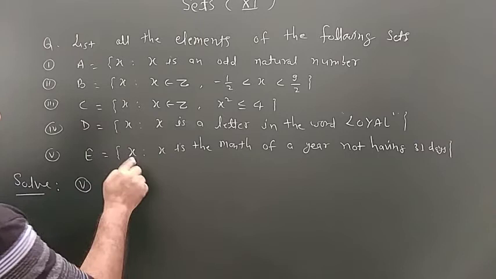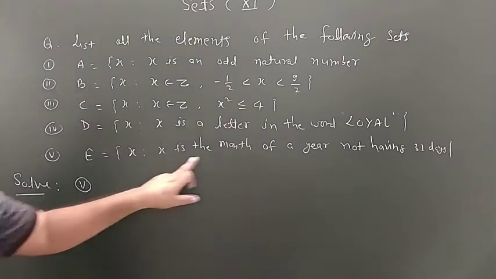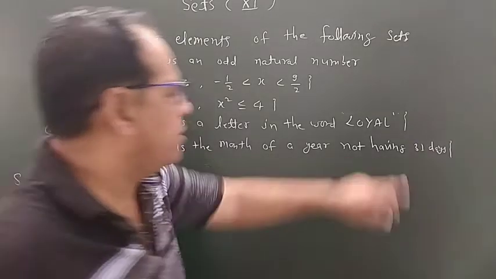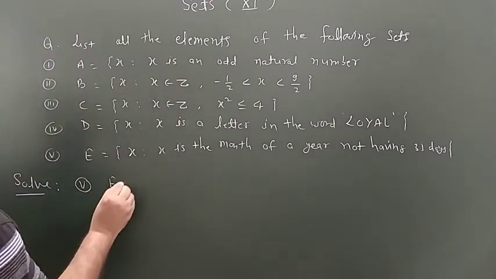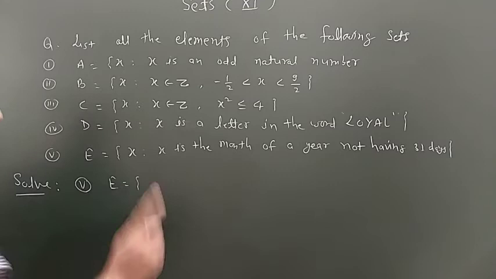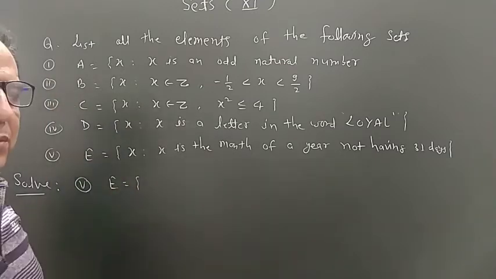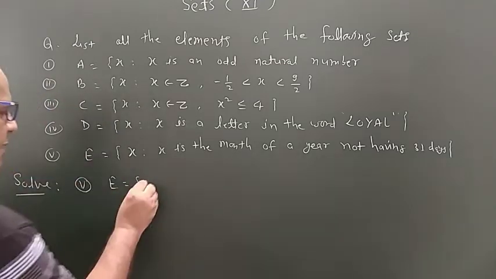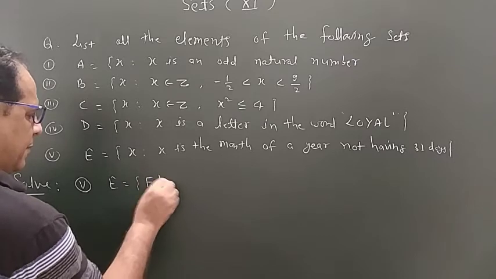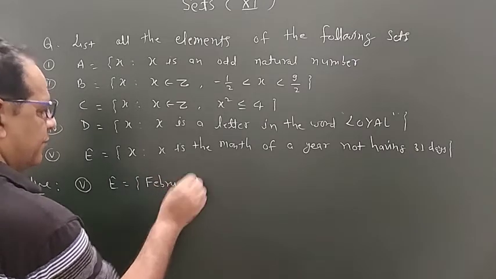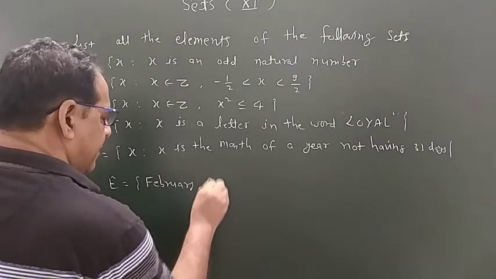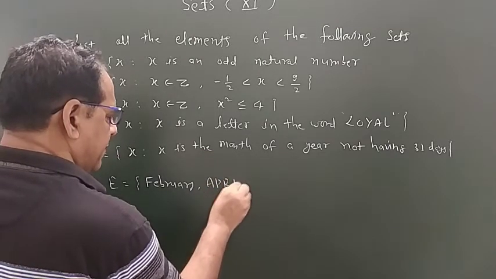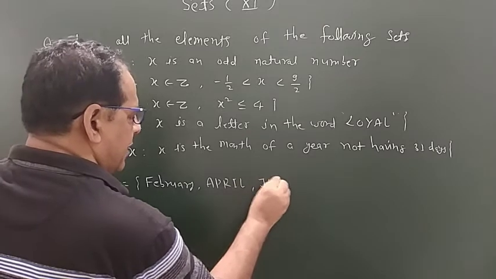T equal to x, where x is a month of a year not having 31 days. So how can we illustrate this? The first month is January, having 31 days. Second is February. Third is March, 31 days. April. Similarly, June.